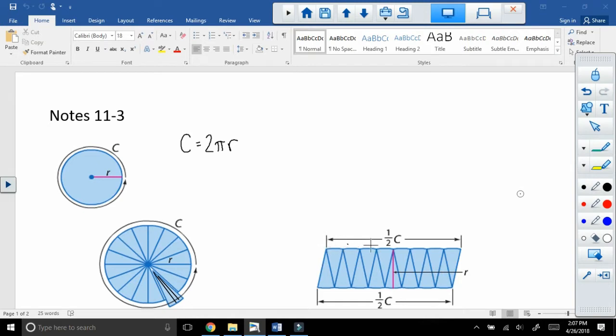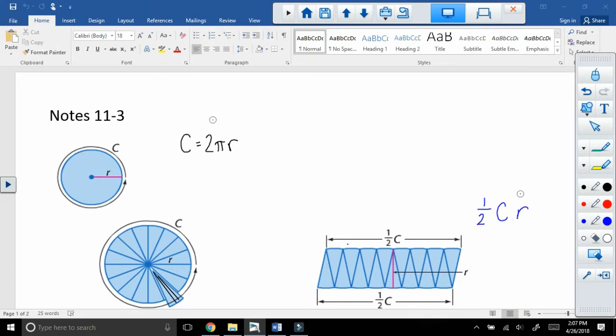The length of that would be half the circumference, and the height of that would be the radius. So if I'm looking at the area of this parallelogram, like what we looked at the other day, it would be half of the circumference times the radius, because that's the base times the height.